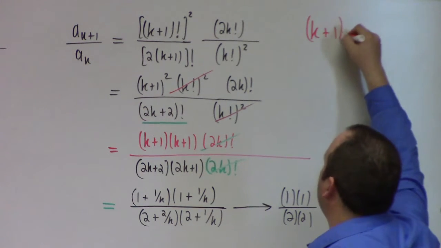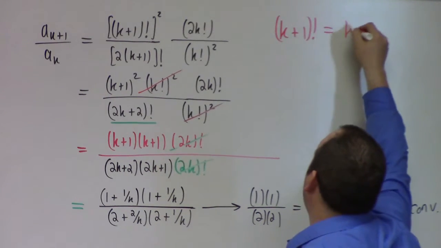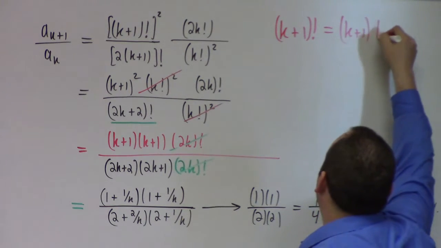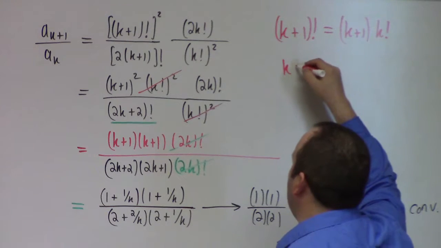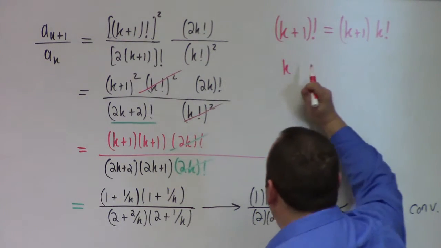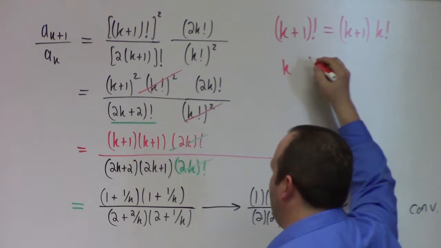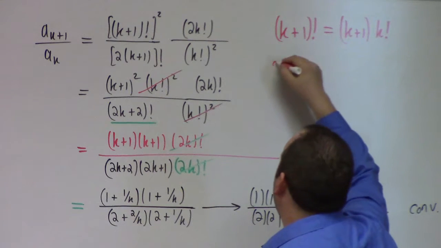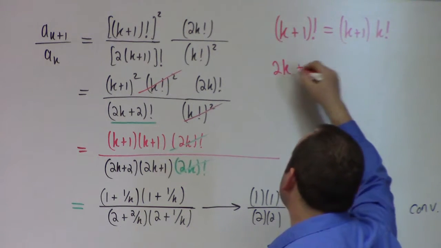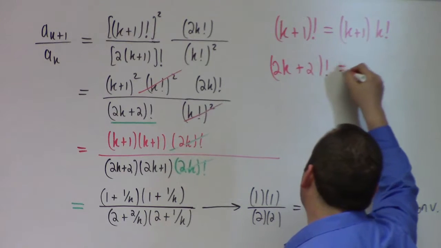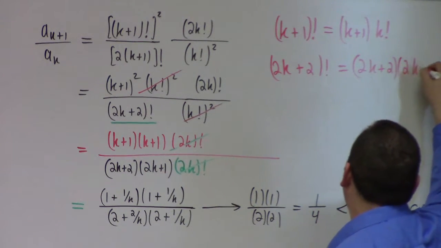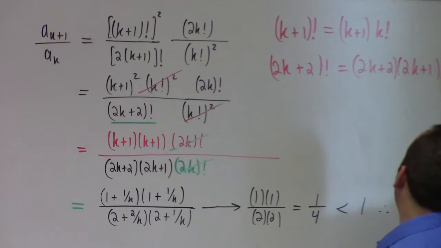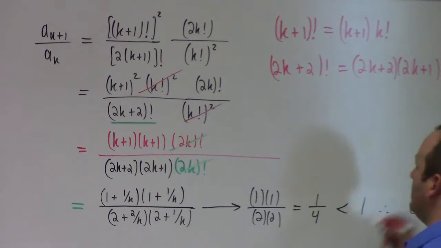K plus 1 factorial is equal to k plus 1 times k factorial, right? The other big idea in this calculation is that 2k plus 2 factorial is 2k plus 2 times 2k plus 1 times 2k factorial, right?